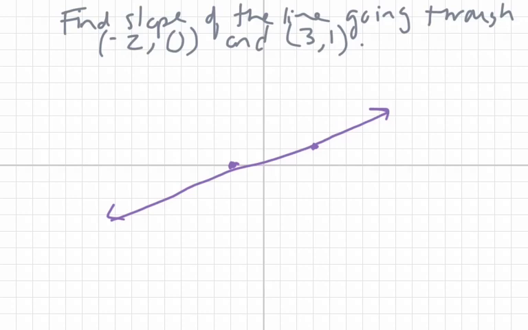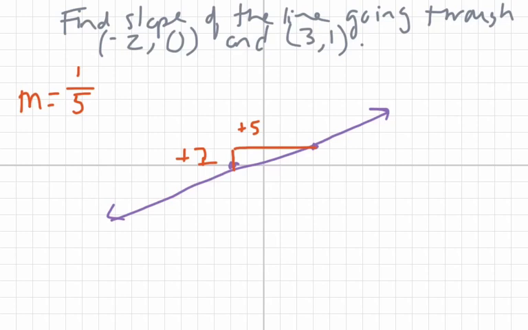Now, I can actually get the slope from the graph, because slope is the vertical change between the points over the horizontal change. So my rise is going up 1, and that's up, so it's positive, and then it's going 1, 2, 3, 4, 5 over to the right. So the slope is the vertical change over the horizontal change. The slope is 1/5.